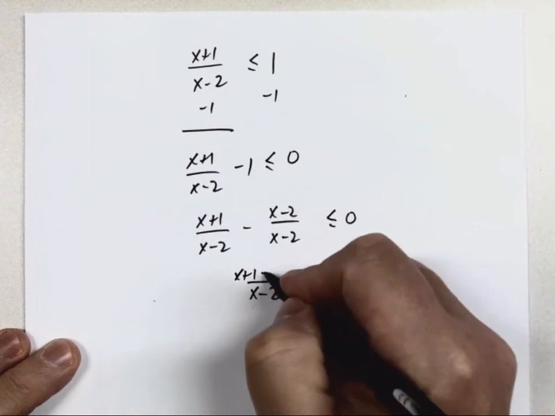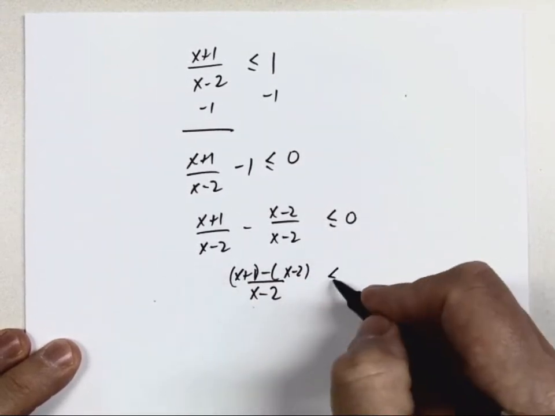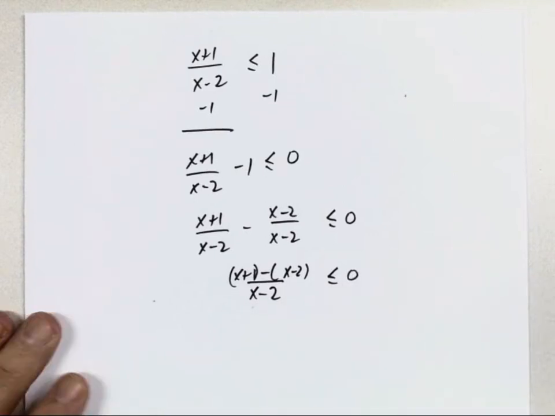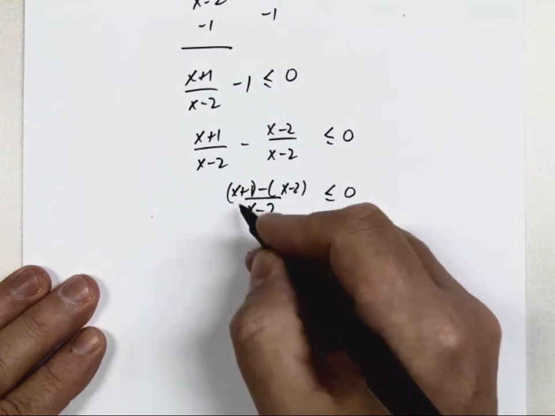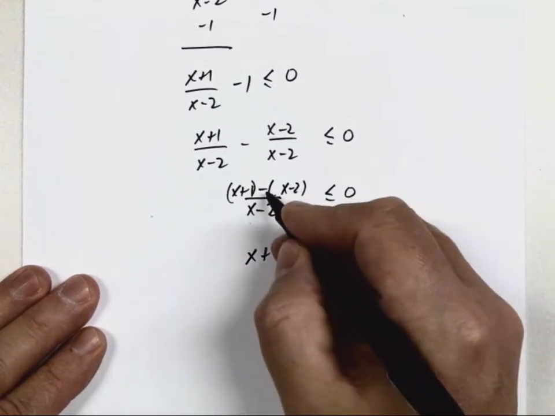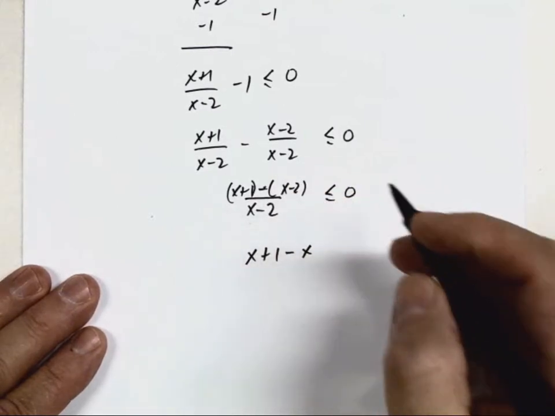x plus 1 minus x minus 2. And now be careful with my minus signs. This numerator, x plus 1 minus x minus a negative 2.